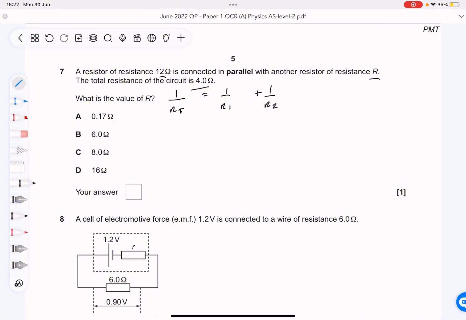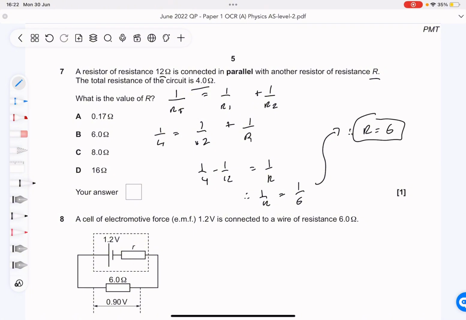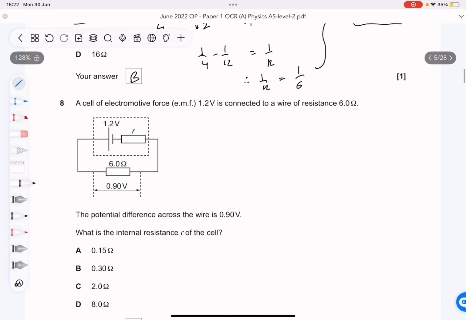So R total is 4, so 1 over 4 equals 1 over 12, because that's one of the resistors, plus 1 over R. So 1 over 4 minus 1 over 12 equals 1 over R, and therefore 1 over R equals 1 over 6. Therefore, flipping both sides, R equals 6, which is B. And that is for question 7. Right, let's move on to question 8.